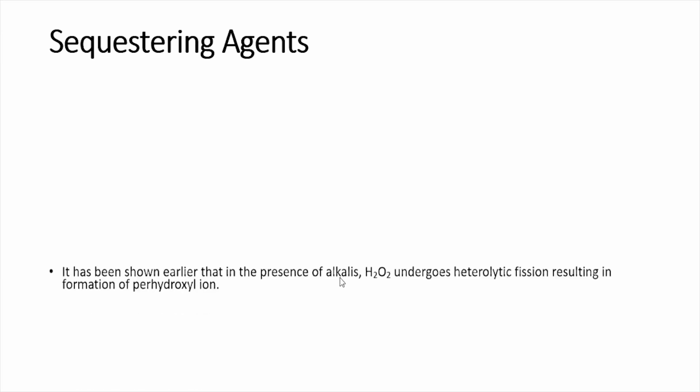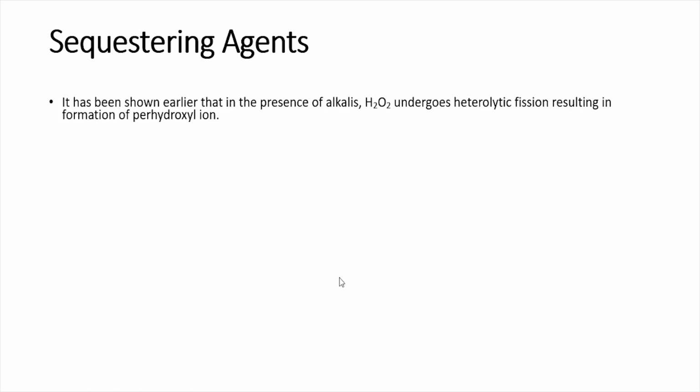Sequestering agent. So normally hydrogen peroxide undergoes heterolytic fission, resulting in the formation of perhydroxyl ion. So this is the normal reaction that we want for bleaching.